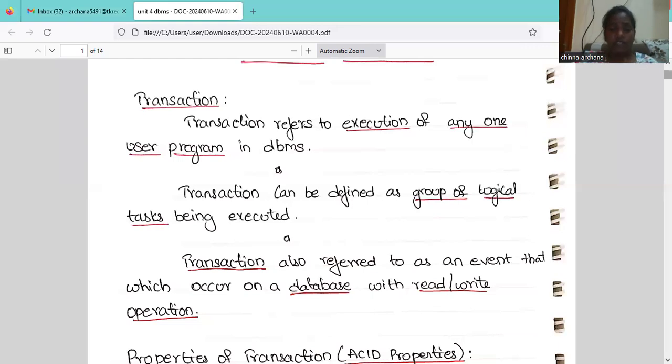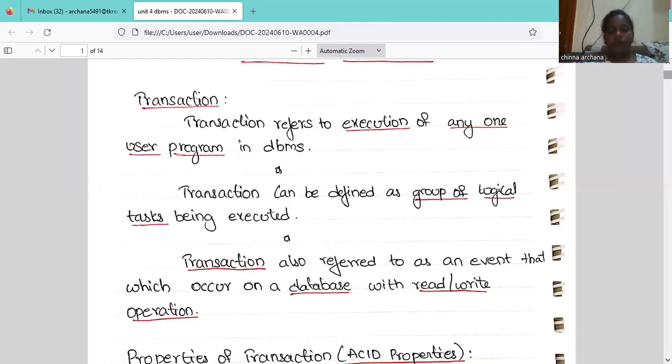Another definition is that a transaction is an event that has to occur, and this event contains either read or write operations. Along with those, two other operations will be there in the transaction, and with them we can define a transaction better.